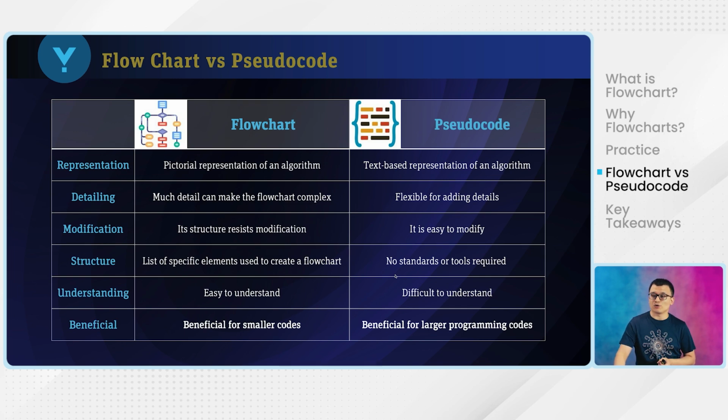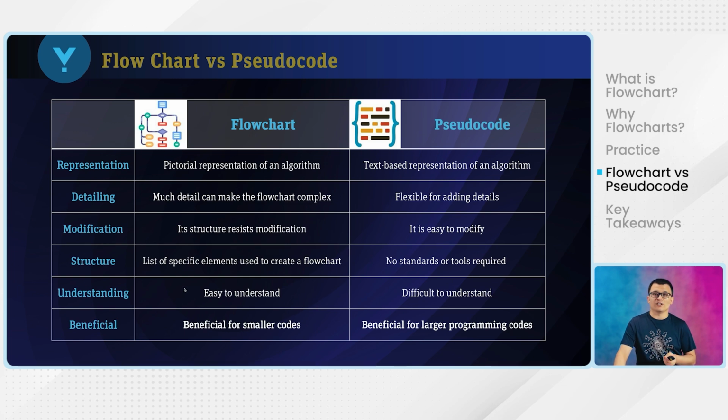And as for the pseudocode, no standards or tools are required. But for the flowcharts, yes, you do have to use certain tools in order to create those charts. But for the pseudocode, you just need to describe it with the textual value.